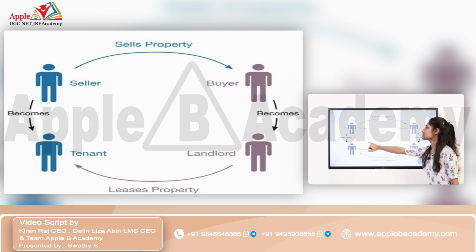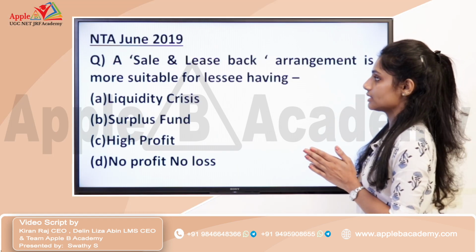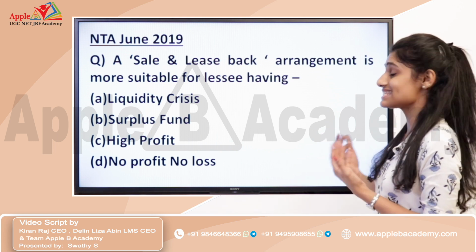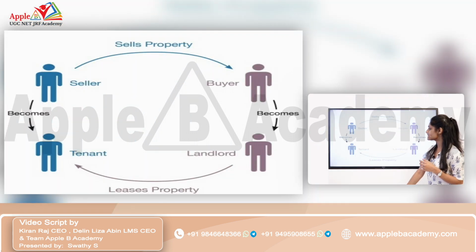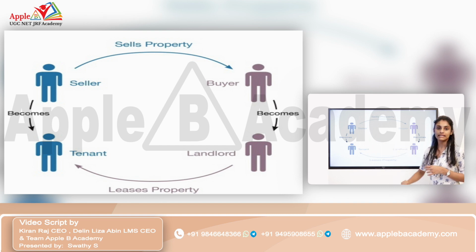Now this old seller becomes the tenant, that means lessee, and the buyer becomes the landlord, that is the lessor. Now coming back to this question, a sale and leaseback arrangement is more suitable for the lessee. Lessee means the user. Who is the lessee? Here the seller becomes the tenant, that means the seller becomes the lessee.